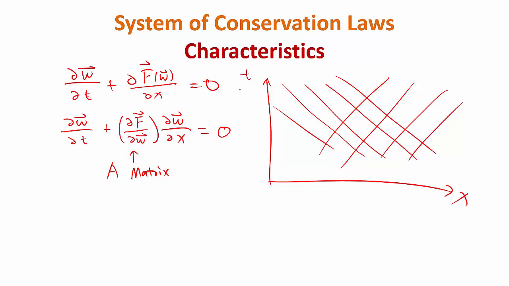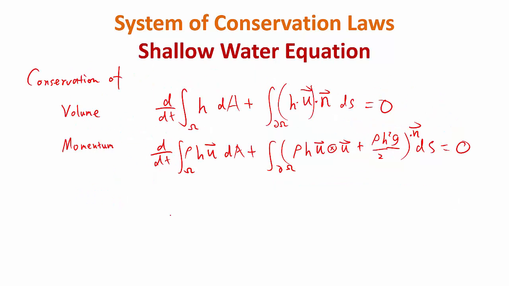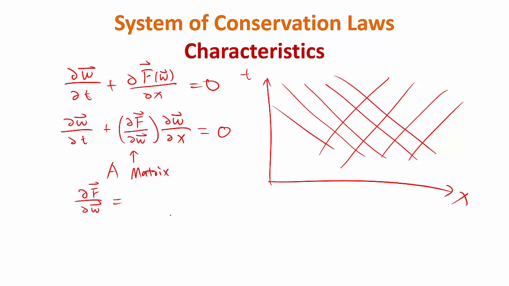We can diagonalize this equation by pre-multiplying the system with a matrix U. So for example, let's say this is equal to U times lambda times U inverse, where lambda is a diagonal matrix.